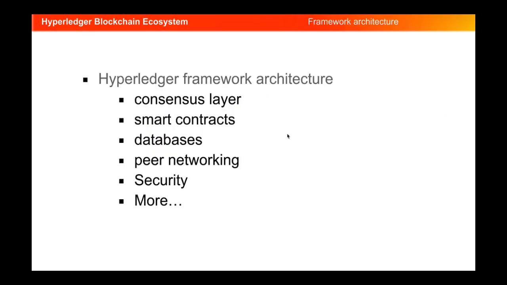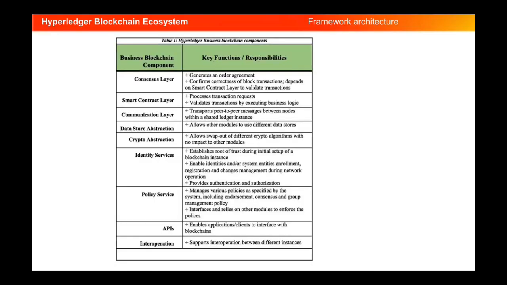In the Hyperledger blockchain ecosystem, you have the Hyperledger framework architecture. What are the components that the framework architecture includes? Some of them are consensus layer, smart contract, database, peer-to-peer networking, and security. You can go through this slide where you can see the business blockchain components and the key function and responsibility of each of them.